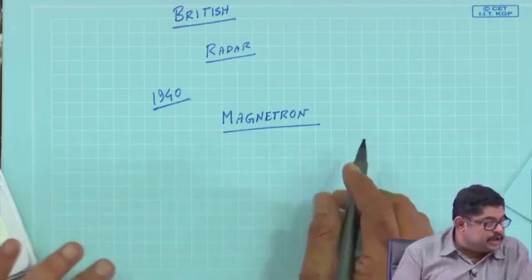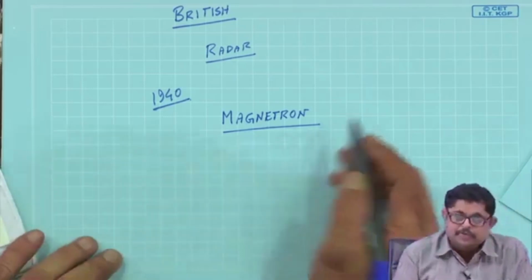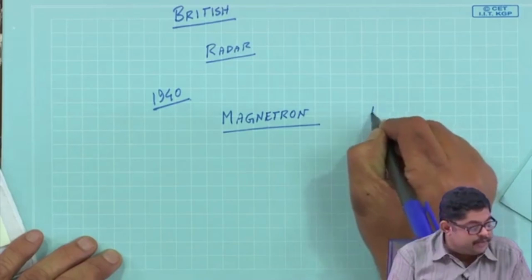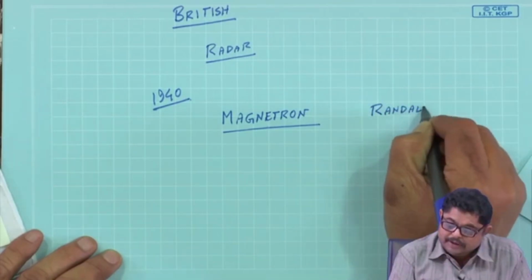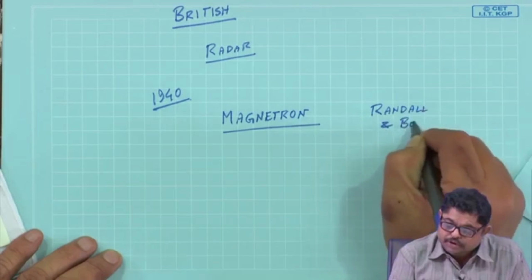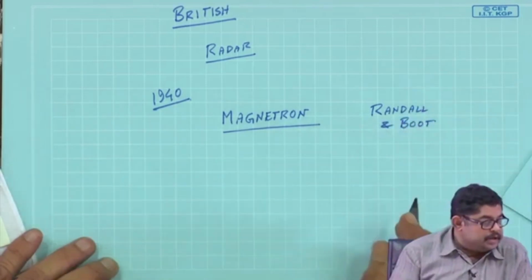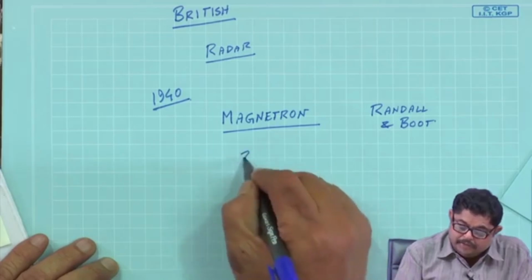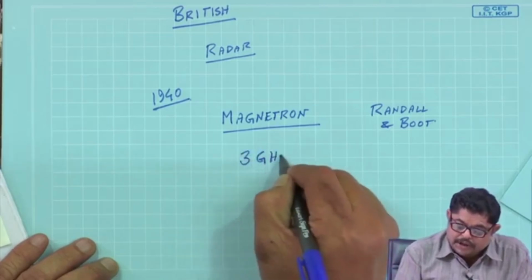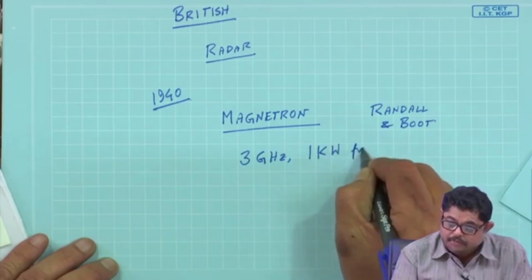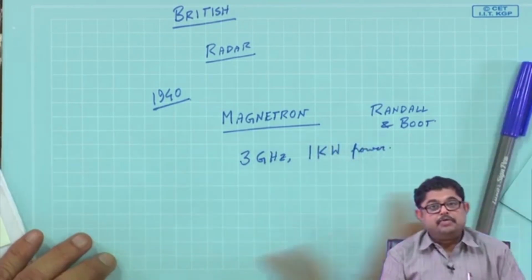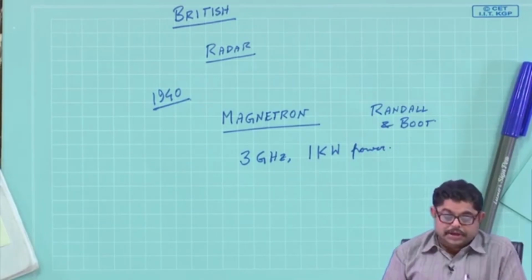But at that time that was not the point. The point was, the magnetron was invented by two very famous British people, Randall and Booth. They made a 3 gigahertz magnetron, and it could give 1 kilowatt of power. It was a good amount of RF power in those days.